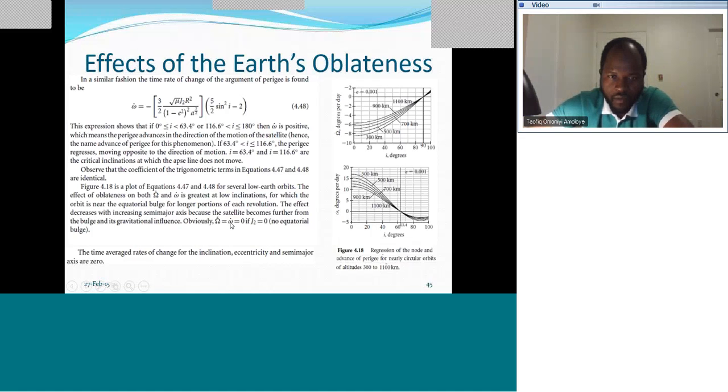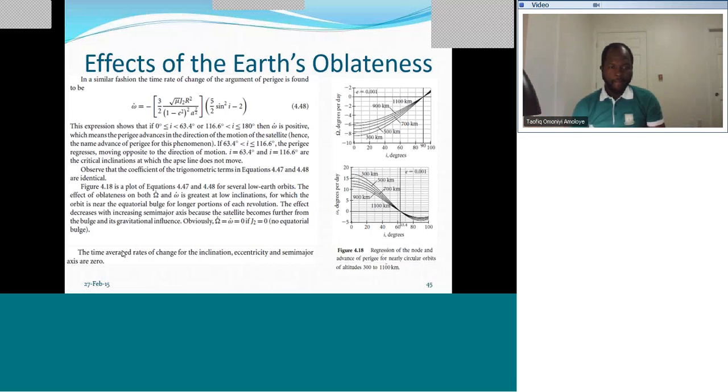When big omega dot equals small omega dot equals 0, it means J2 is also equal to 0. There is no equatorial bulge. That is at the poles, or for a planet that is perfectly spherical.